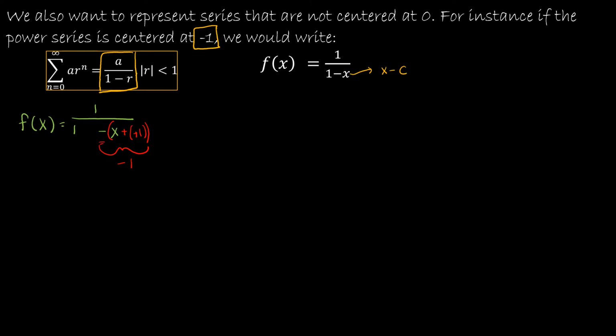And the only way that that's legal is if I also add 1, because if I add 1 and subtract 1, I really haven't done anything. So that's what I'm going to do here: add 1. So what do I have? My new function is 1 over 1 plus 1, which is 2, and then minus x plus 1.